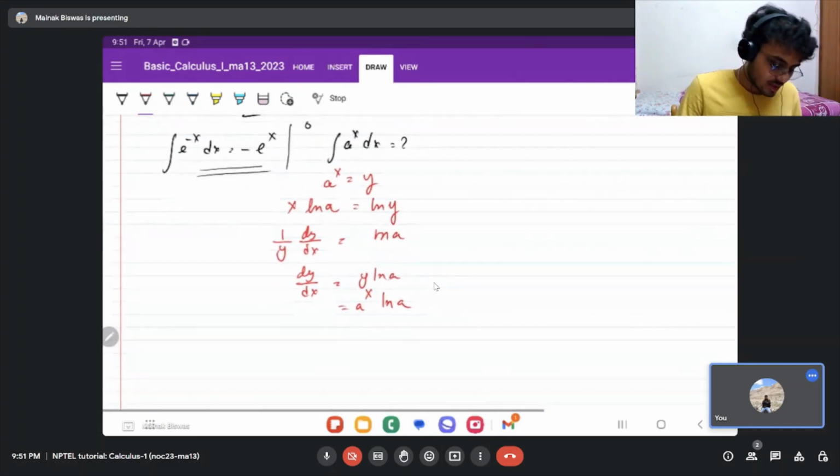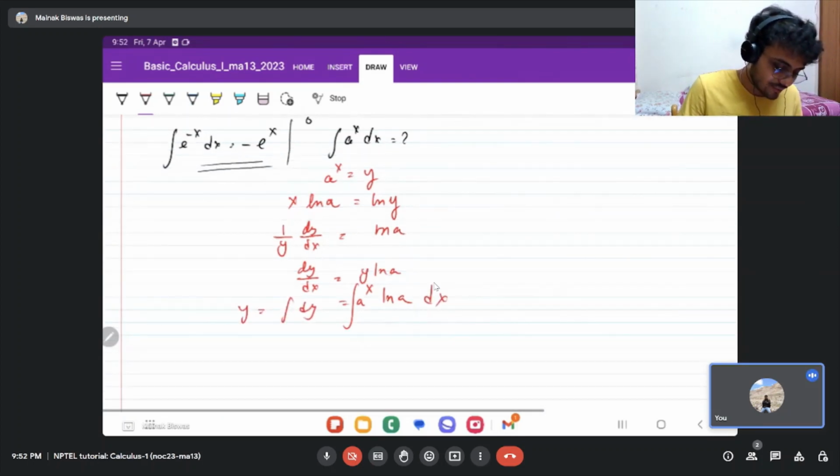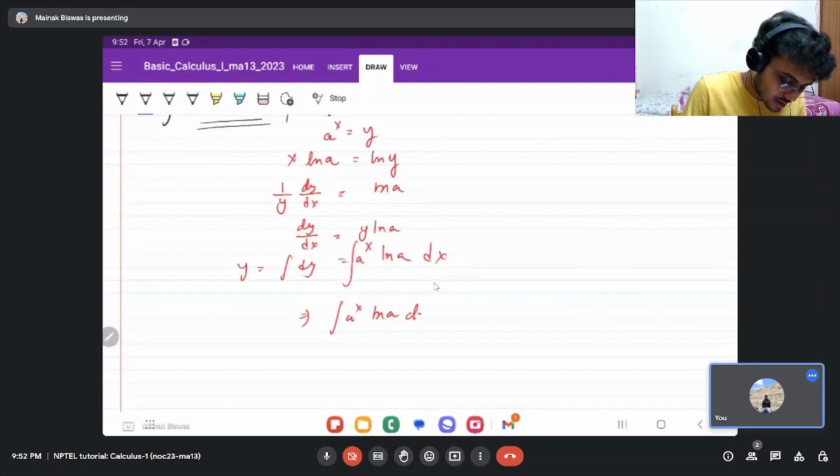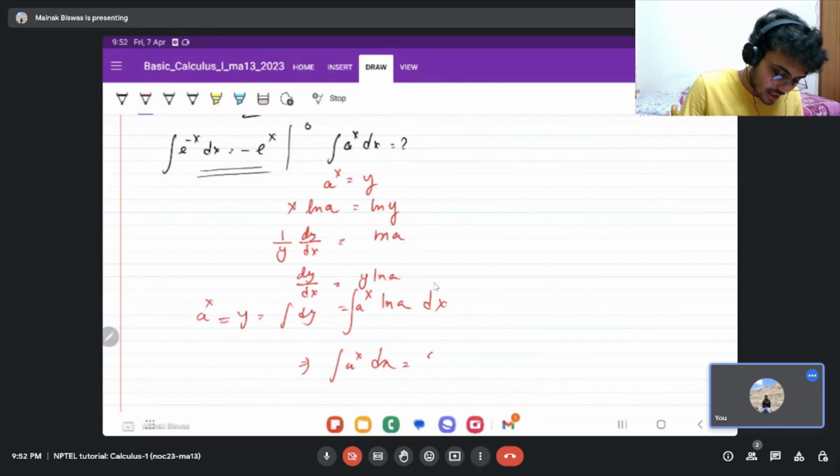Now do you agree that the integral of this dx will be your y? If you agree, then you must agree the integral of a to the power x log a, if I remove dx, is equal to y, which is a to the power x by log a, right? Because log a is a constant.